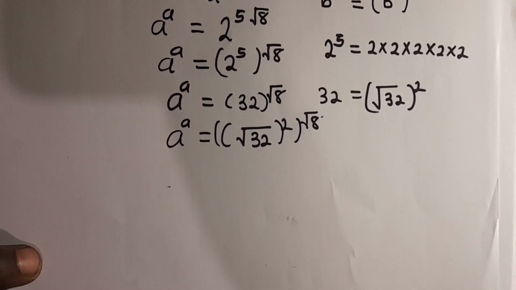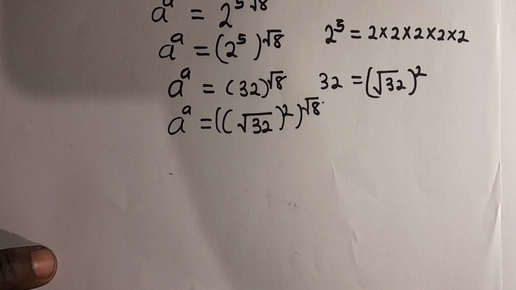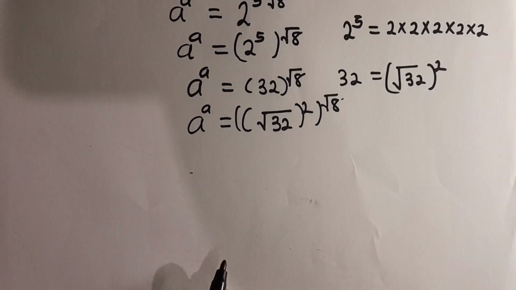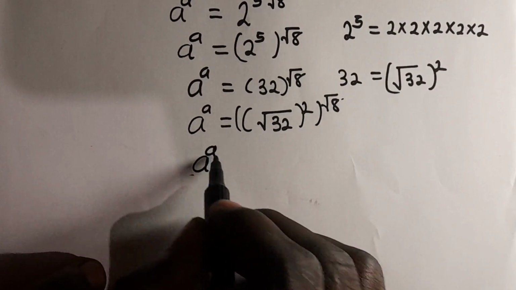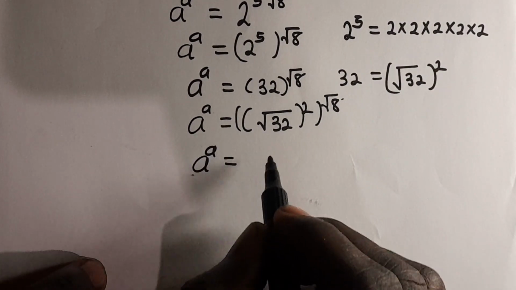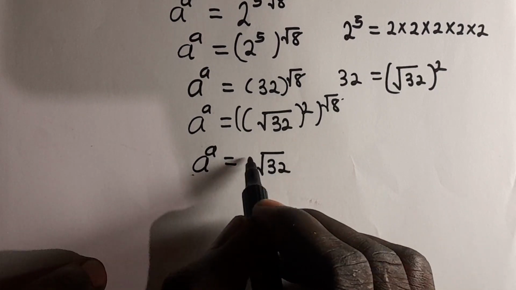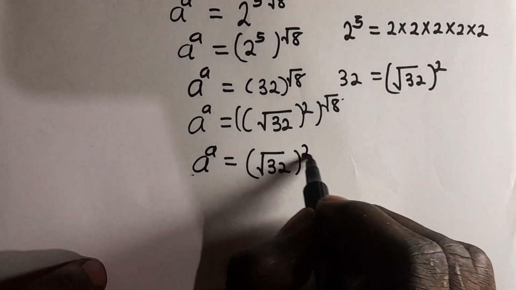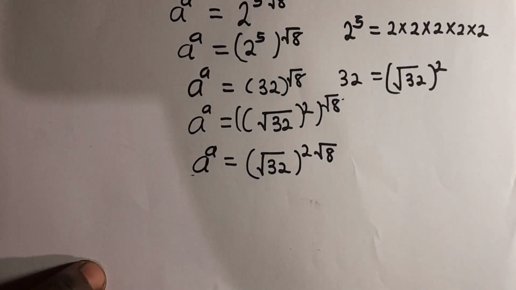So a raised to power a equals square root of 32 all raised to power 2 times square root of 8.